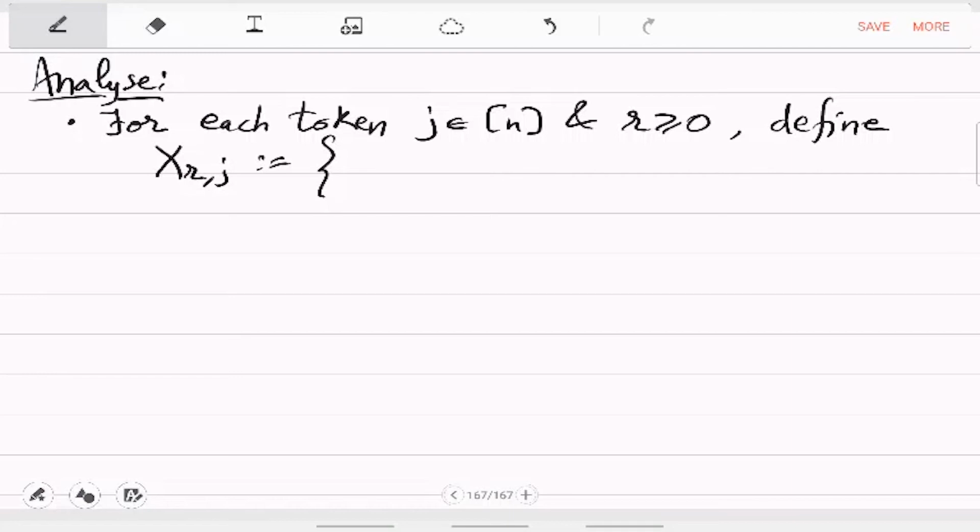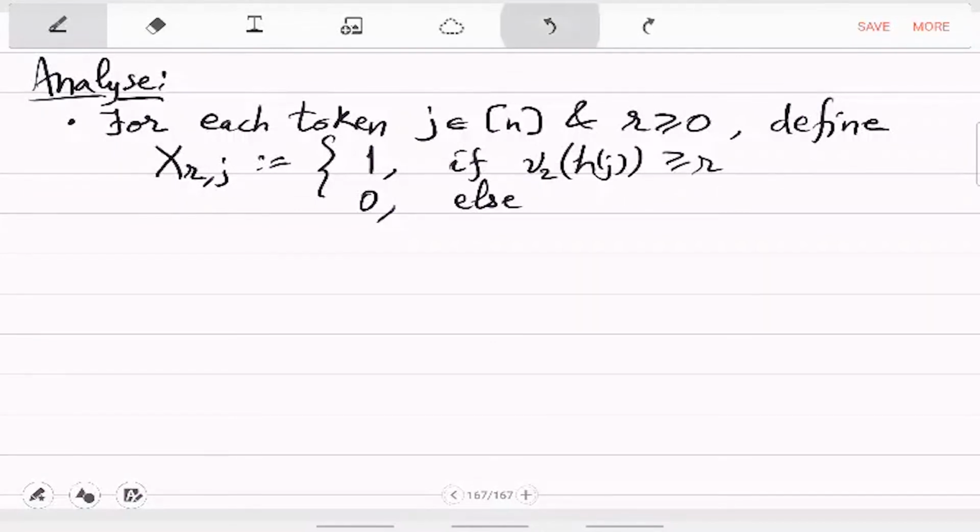So, it is 1 if the valuation of this jth token is at least r, 0 otherwise, and define y_r to be the sum of this over j such that a_j appears in the stream.